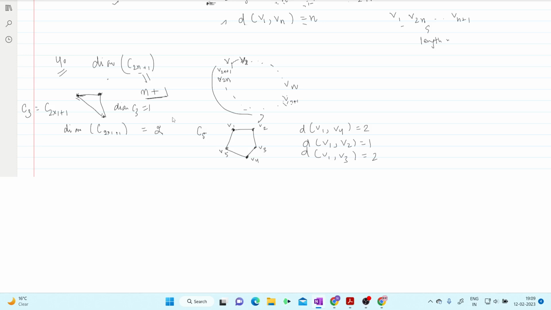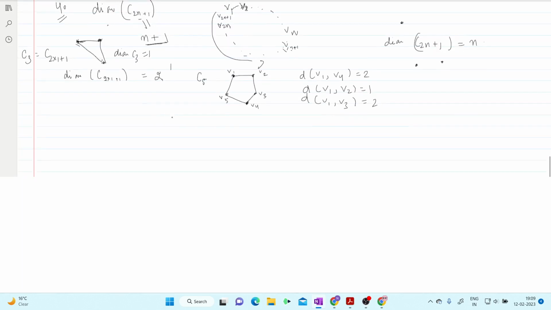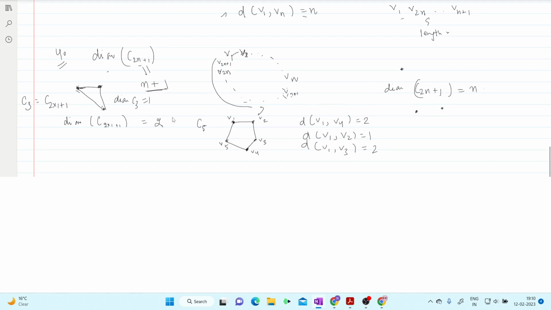So if you have an odd number of vertices, the diameter of C2n plus 1 comes out to be n. Both for even and odd, it's n, right? Yes. Thank you for correcting this.